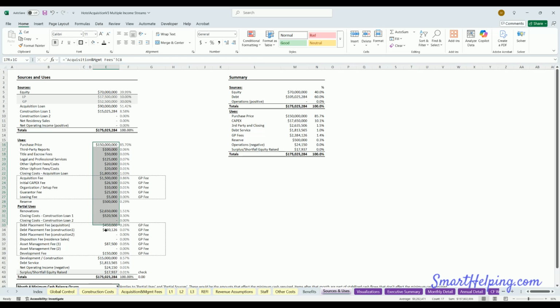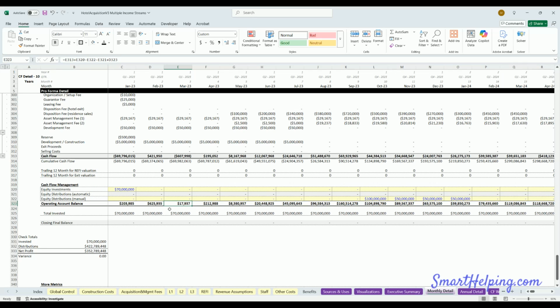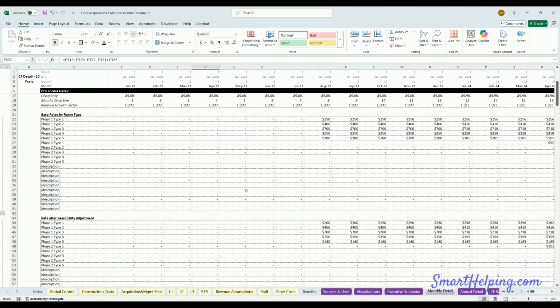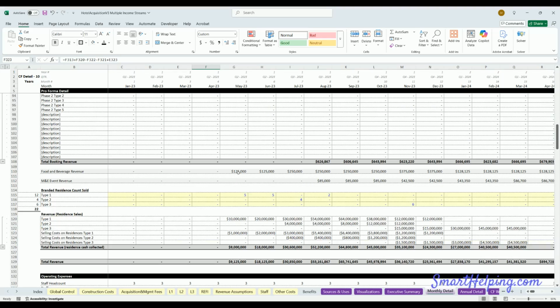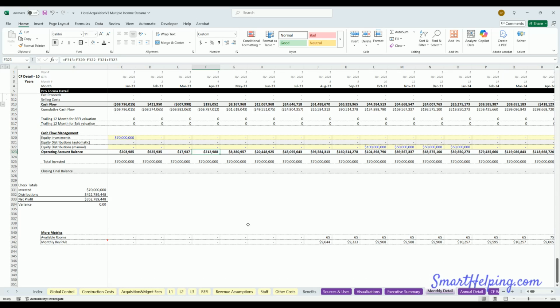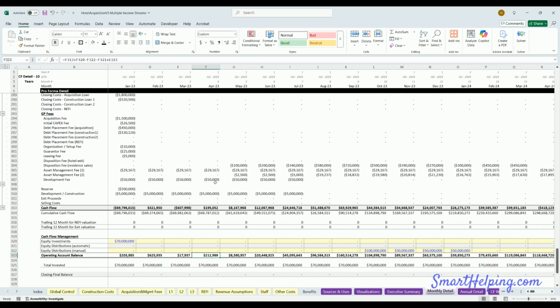So all these amounts for the uses are all amounts that affect how much cash you're going to need. And then once you stabilize, in this case it's after month 3, all those ongoing costs after that are stabilized. It means they're either being funded by net residency sales, just general operations, NOI, or loans or what have you. But the point is they're not affecting how much cash you need.